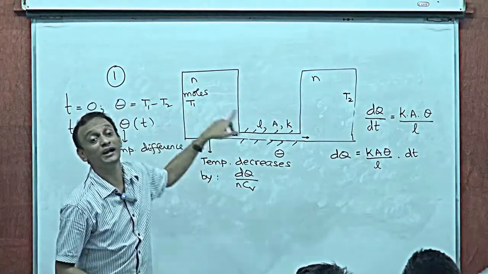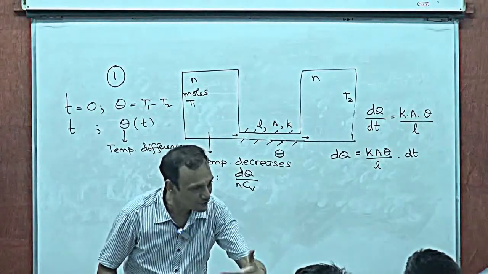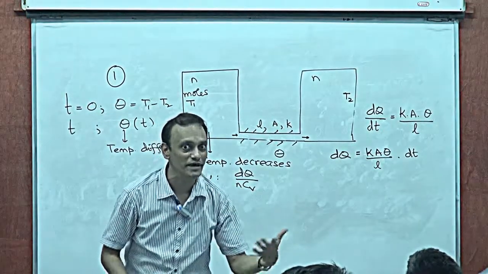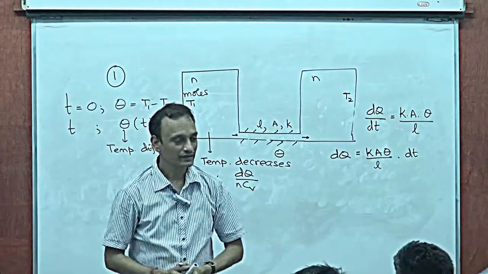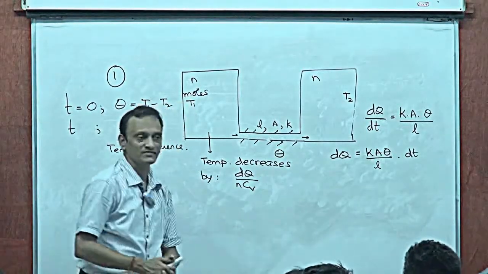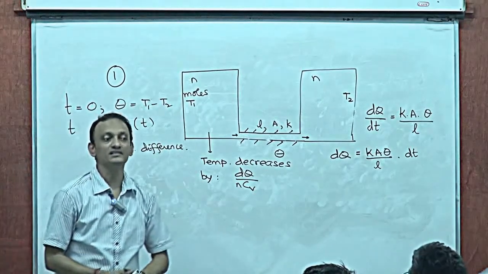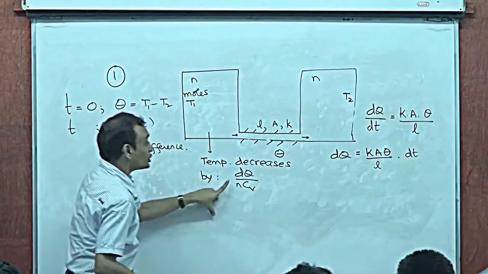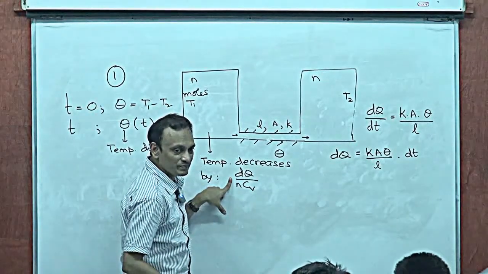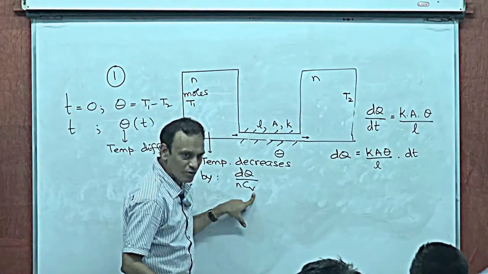Cv for a monoatomic gas is 3R by 2. Gamma is 5 by 3. Cv is 3R by 2. Cp is 5R by 2. So the decrease in temperature of this is dQ by nCv in a small time dt.